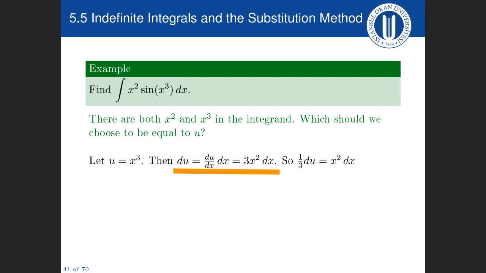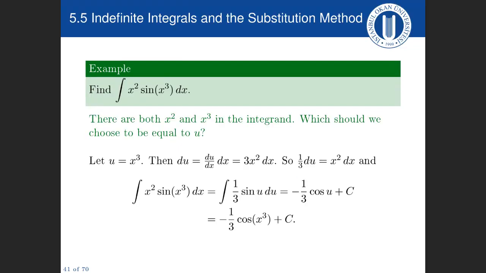Divided by 3, we're going to be using the substitution formula: 1/3 du is equal to x² dx. That's what we need. Now we're ready to calculate this. The integral of x² sin(x³) dx.